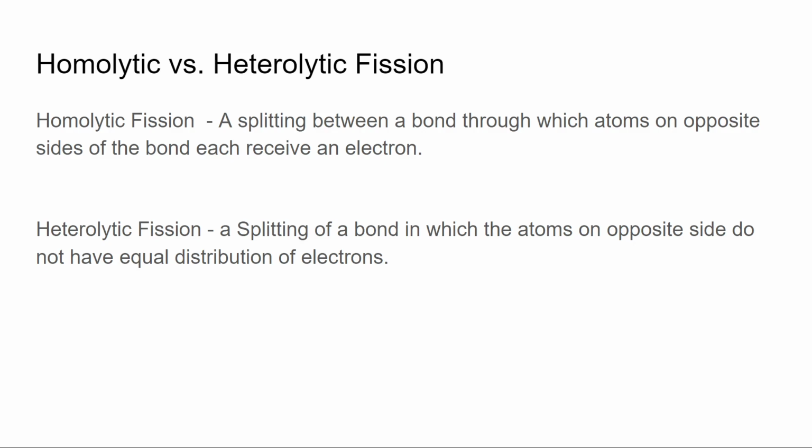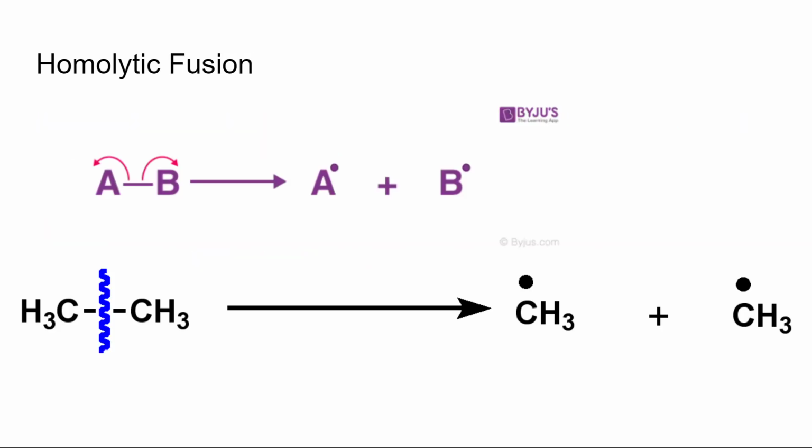So essentially, they both get the same amount of electrons back. That differs from heterolytic fission, in that when the bond splits, the atoms on opposite sides will not have an equal distribution of electrons, meaning that one will get the electron and the other will not.